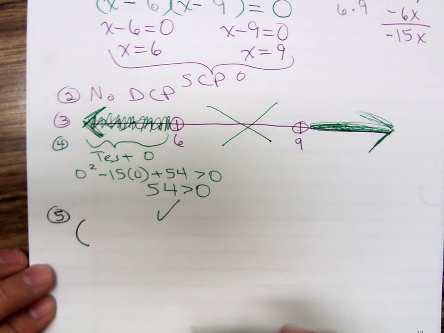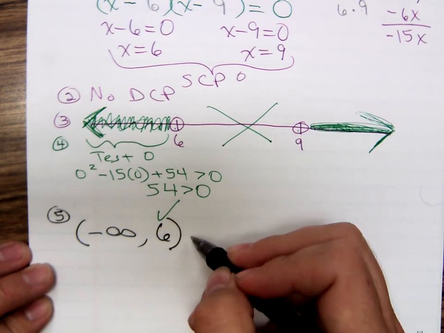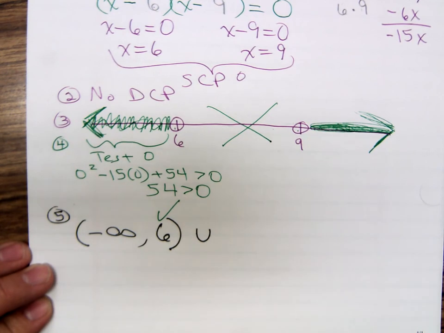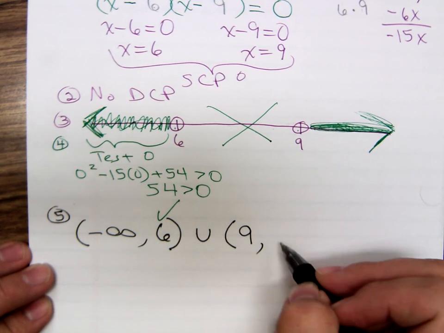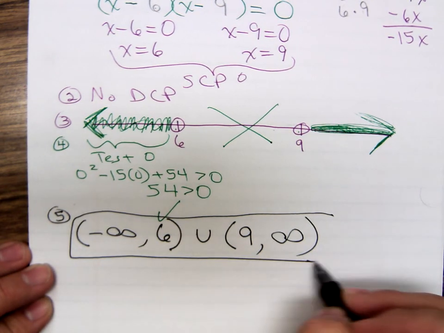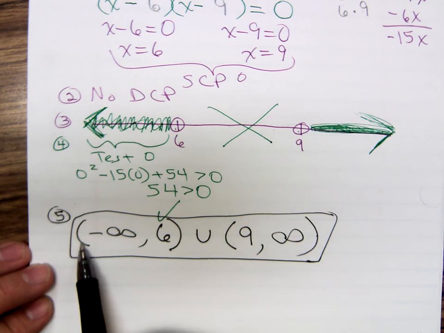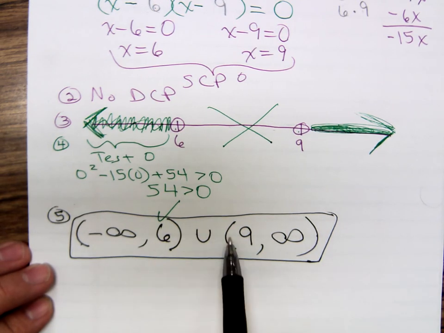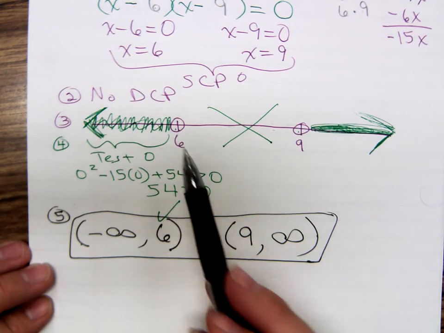Okay, negative infinity, comma, 6, parenthesis, union, and now another parenthesis. How do I say all the numbers to the right of 9? 9, comma, infinity. Remember, use parentheses after a positive infinity, before a negative infinity. Use parentheses at open circles. The only time you would use a rectangular bracket is if you had closed circles on the number line.